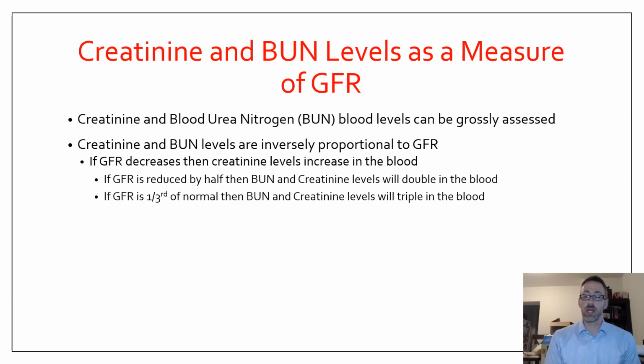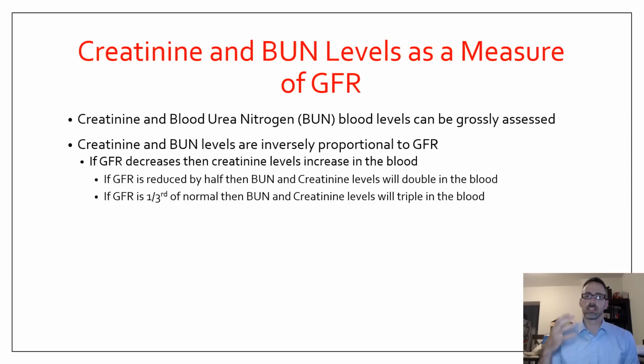We can essentially assess GFR function in, say, a hospitalized patient by trending creatinine and blood urea nitrogen in the blood. The reason we can do this is because both creatinine and BUN are being produced constitutively. All the time they're being produced at a certain rate, and so there's a certain concentration in the blood.